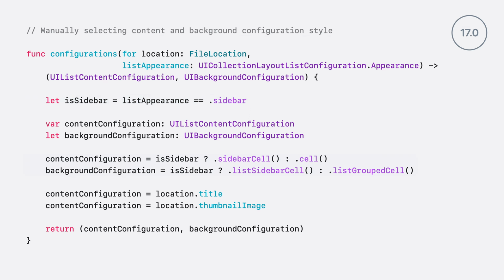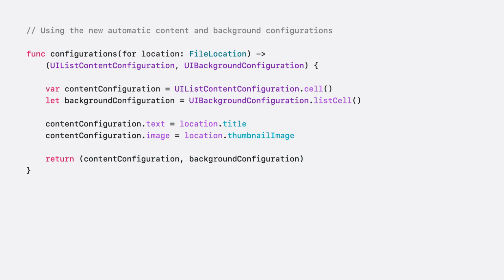Then, it manually picks the content and background configurations based on the isSidebar variable. Because the configurations were created manually, the cells using them needed to be manually reconfigured when the Browse list changed appearance. So this function would run again for the updated appearance.